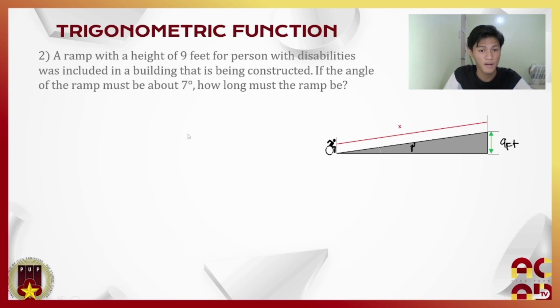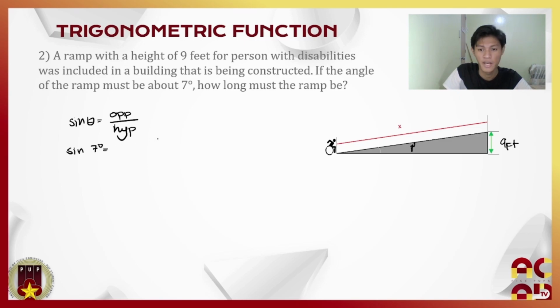So, paano natin siya mahahanap? So, since given yung opposite natin, and then hahanapin natin is yung x, which is yung hypotenuse ng triangle. Ayan. So, gagamit tayo ng trigonometric function. So, ano nga ba yung stand ng SOH? So, stands for sine theta is equals to opposite over hypotenuse, diba? Review natin kanina. So, ipa-plug in lang natin yung meron tayo. So, meron tayong reference angle na 7 degrees.